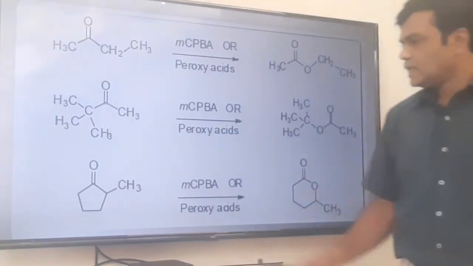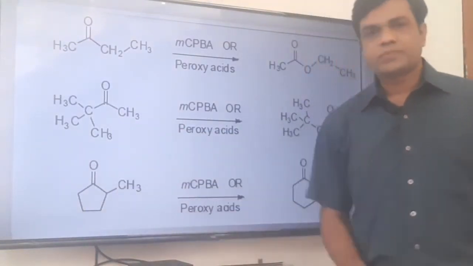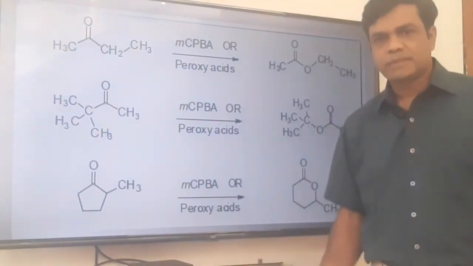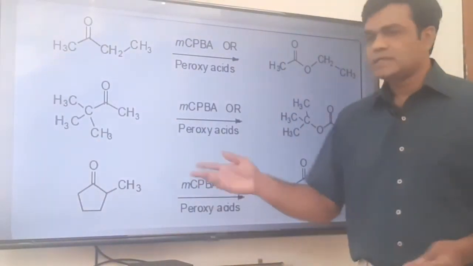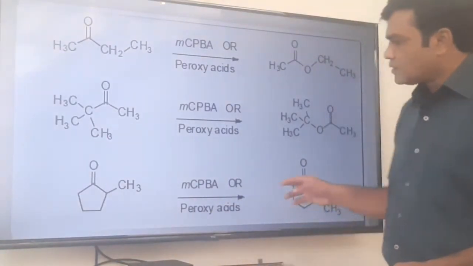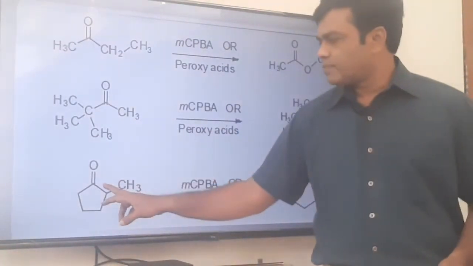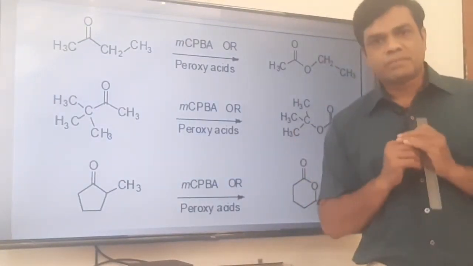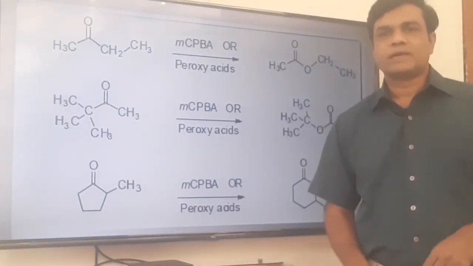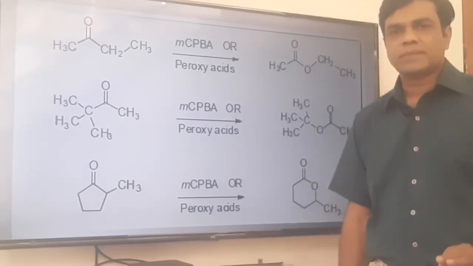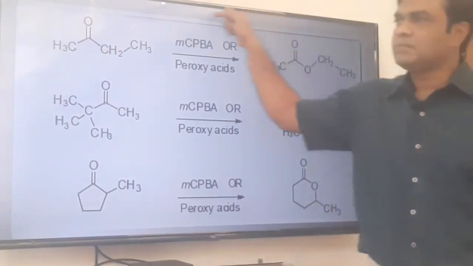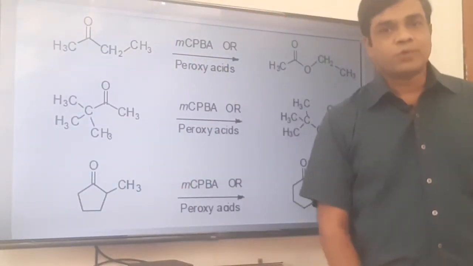Here it is a cyclic ketone, a substituted ketone. In the first example, we discussed the symmetrical ketone, cyclopentanone. Now it is unsymmetrical. Now oxygen is incorporated from this side, from the more substituted side. Now what you have to remember, instead of remembering this electron donating and electron withdrawing, just remember in case of Baeyer-Villiger oxidation that oxygen is incorporated from the side which is more substituted.